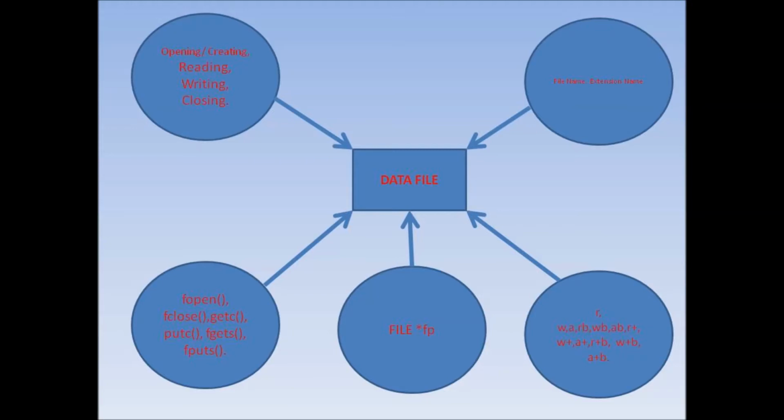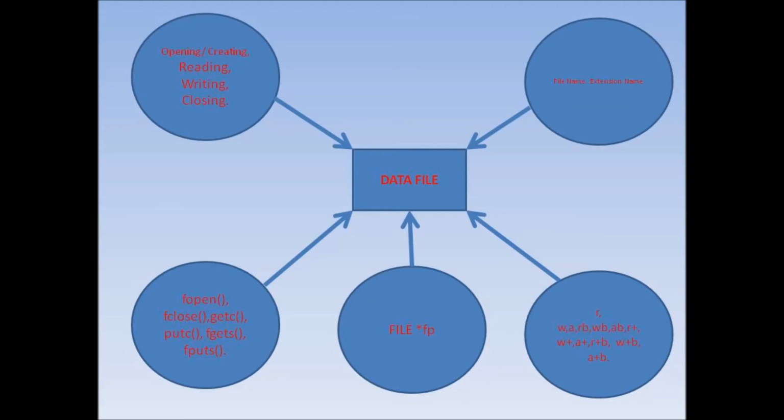Already I mentioned that first we open the file, then we perform the operation, and before closing the program we close the file. So the fopen function is used to open a file. Similarly, the fclose function is used to close a file. After opening the file and performing our action, we need to close the file.